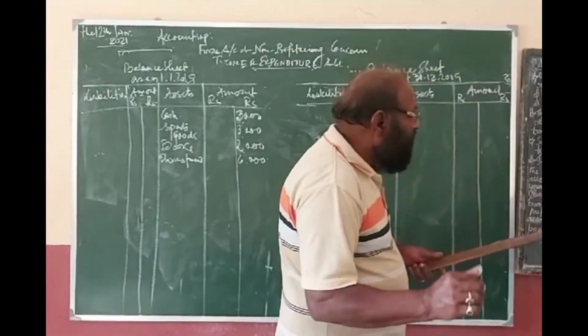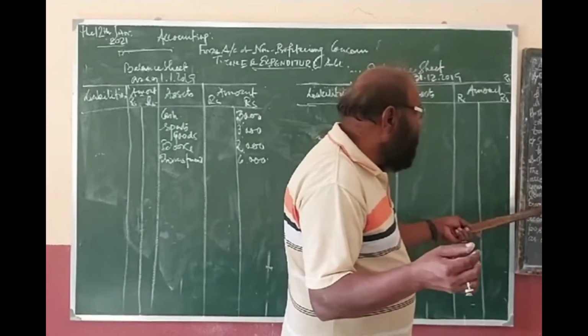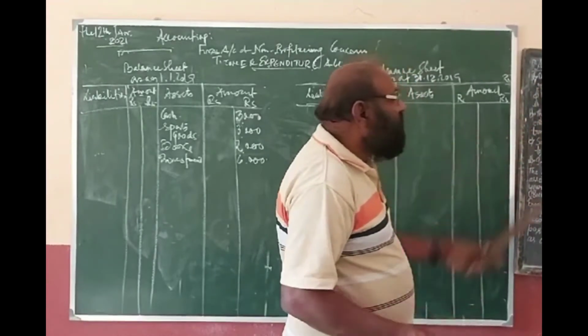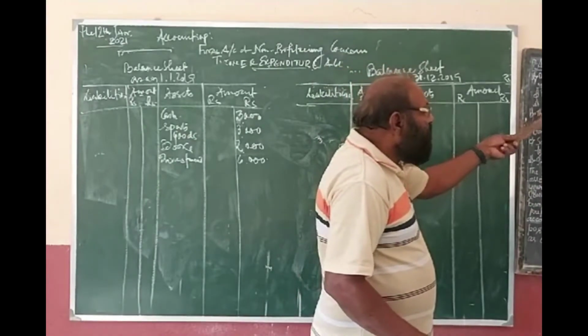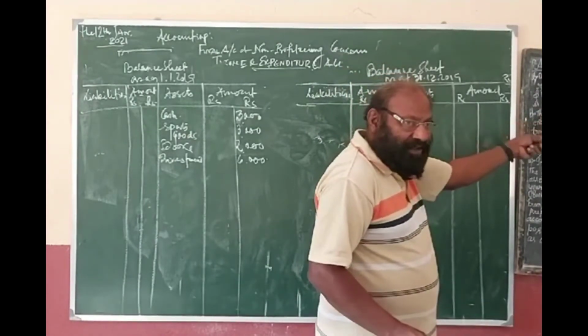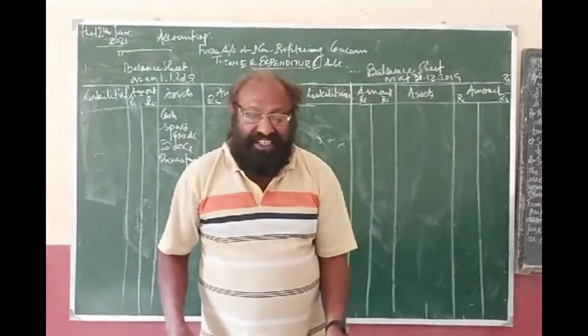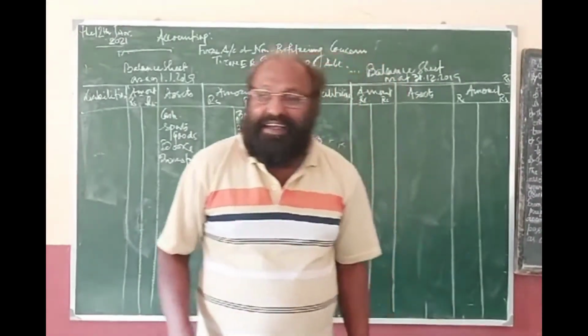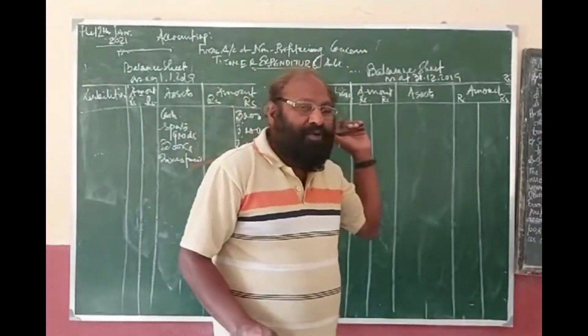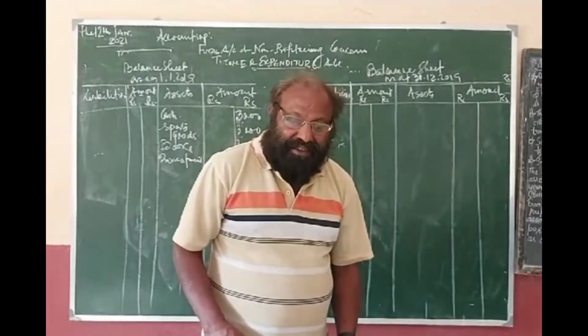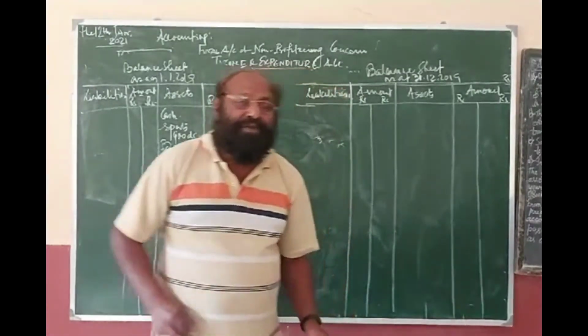But there are some other assets which are not clearly given. You see, of the total subscription, you have received a subscription of rupees 500 which relates to the previous year. The closing balance sheet of 31/12/18 is equal to the opening balance sheet of 1/1/19. Clear?